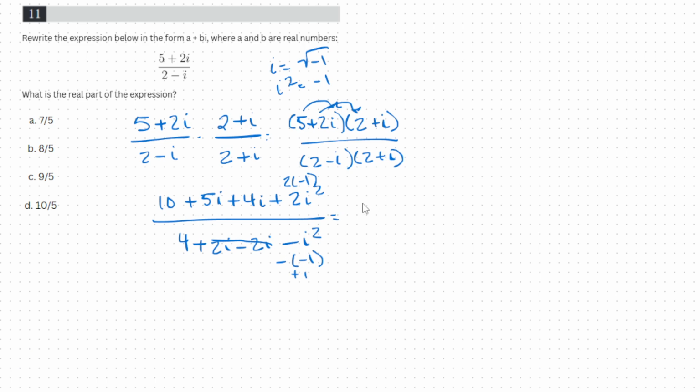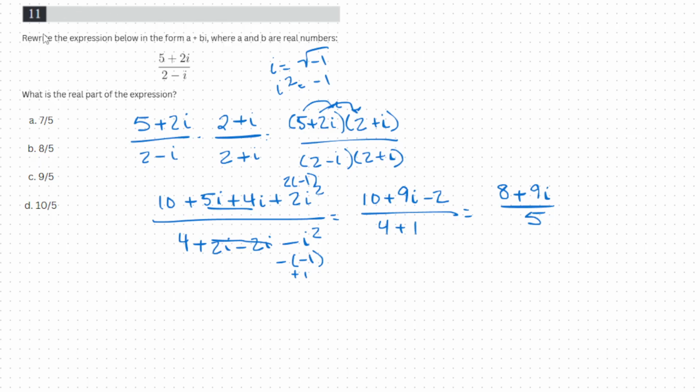So simplifying this further, we have 10 plus 9i minus 2 on the top, and 4 plus 1 on the bottom. So what we end up with is 8 plus 9i over 5.